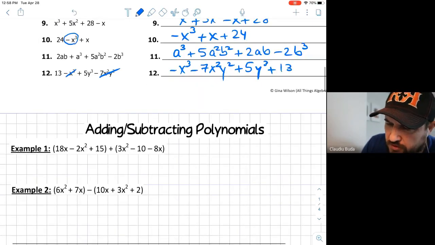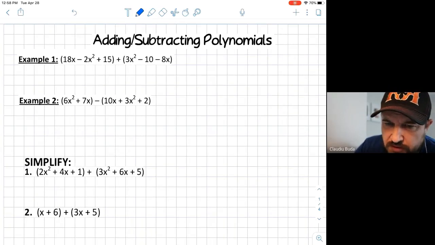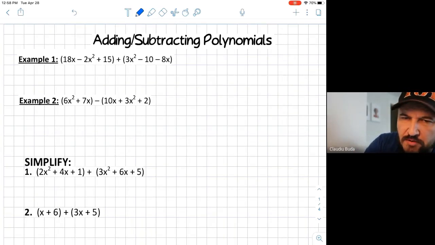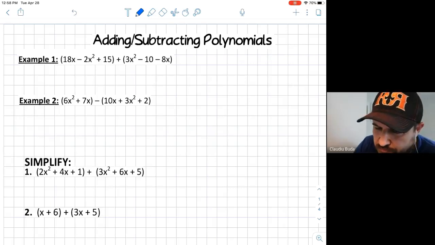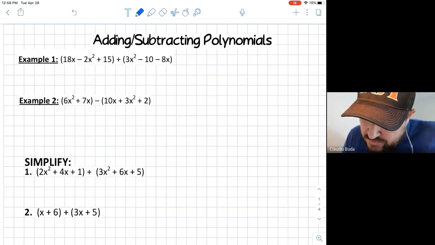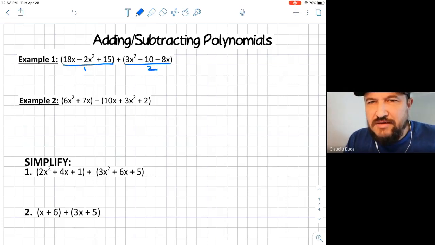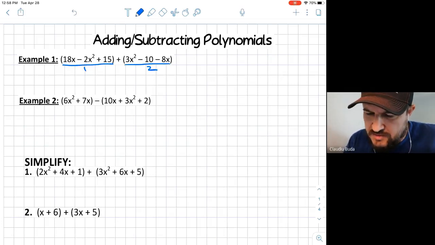Now we're going to look a little bit at adding and subtracting polynomials. We have two examples, example 1 and example 2. This is polynomial 1 and this is polynomial 2. We have parentheses to identify them as polynomials.